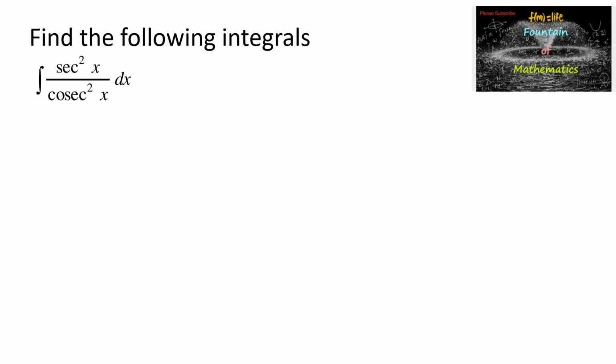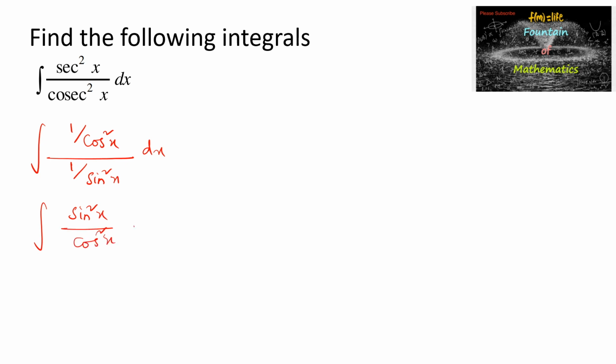Find the integral of secant squared x upon cosecant squared x dx. So let us simplify this. Secant squared x we can write as 1 by cos squared x, divided by cosecant squared x, which we can write as 1 by sin squared x, dx. So we can write sin squared x upon cos squared x dx, which is the integral of tan squared x dx. And we know the identity secant squared theta minus tan squared theta is equal to 1.